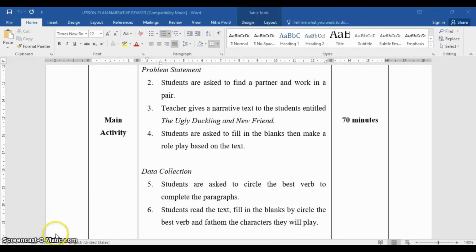Let's move to the lesson plan. And in the data collection, in collecting the data, students are asked to circle the best verb to complete the paragraphs. And after that, the students read the text, fill in the blanks by circle the best verb and find out the characters they will play.